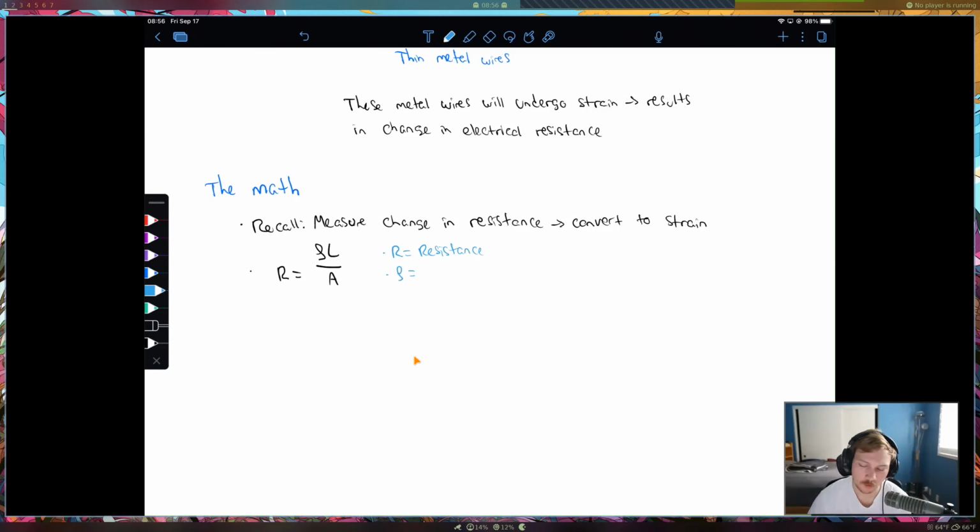So that's a rho. That's not a P, it's a rho. That's the resistivity. L is the length of the wire. A is the cross-sectional area.